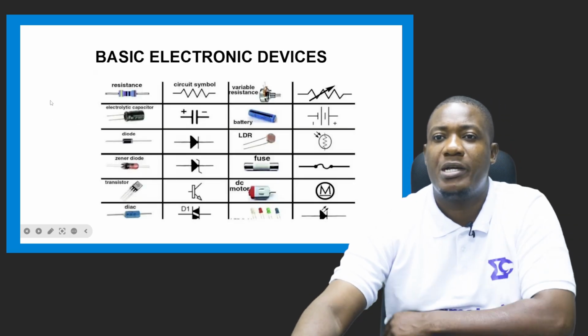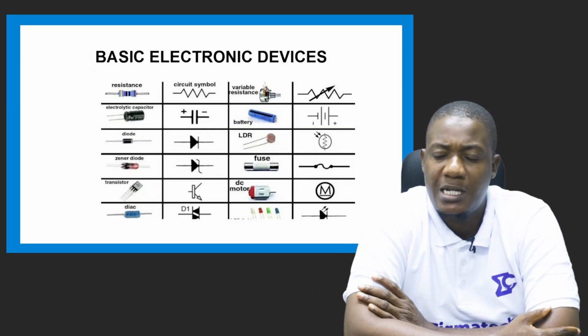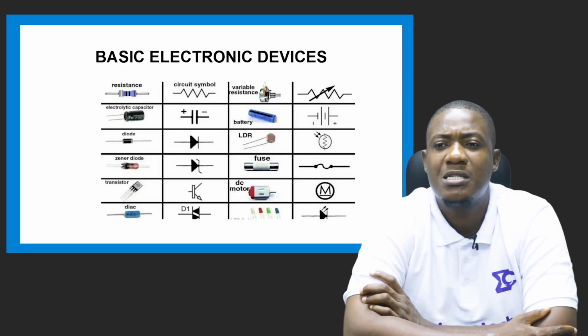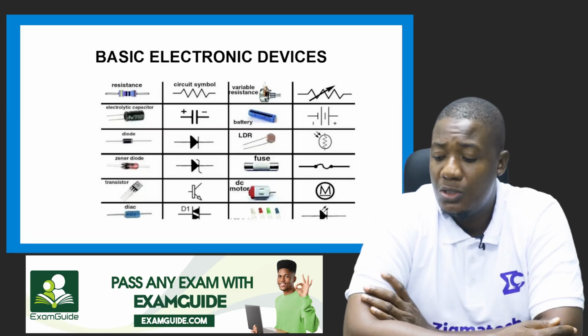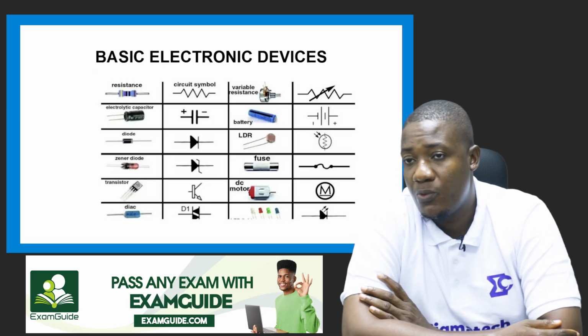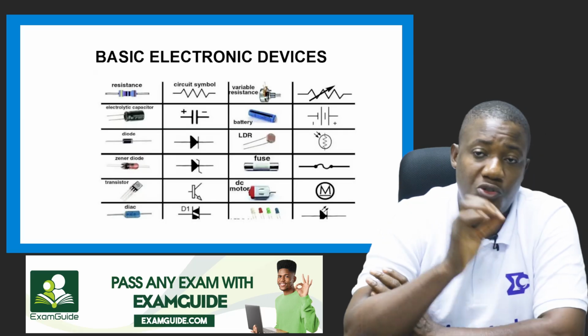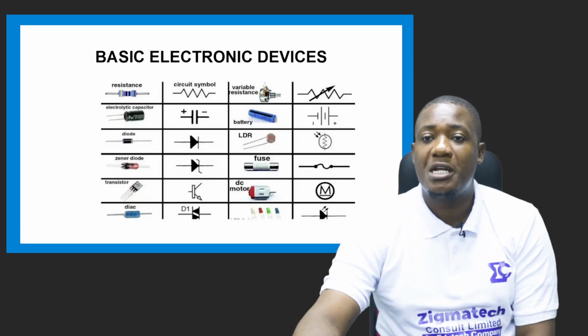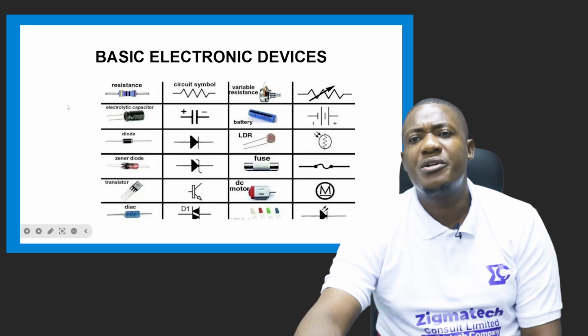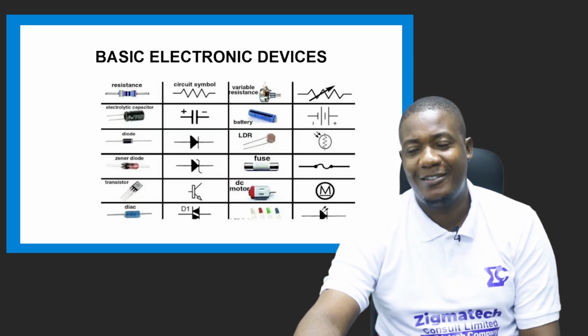All right, here are different basic electronic devices and their symbols. It's important you know how to see them. When you see their symbols in a circuit, you should be able to interpret what they are talking about. Now we have a resistor here.